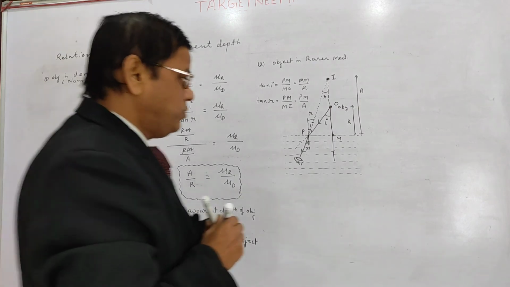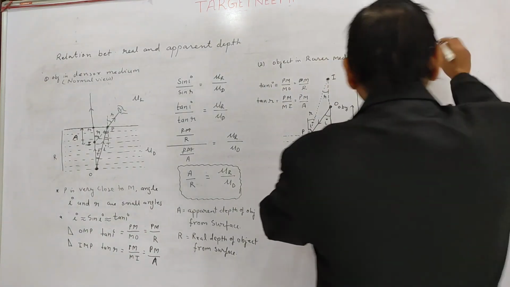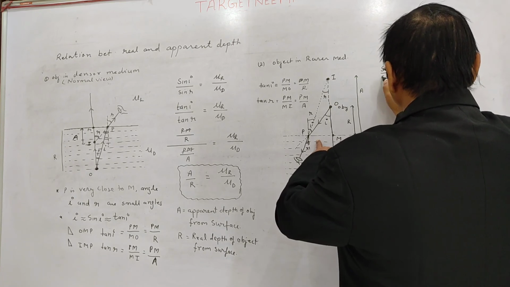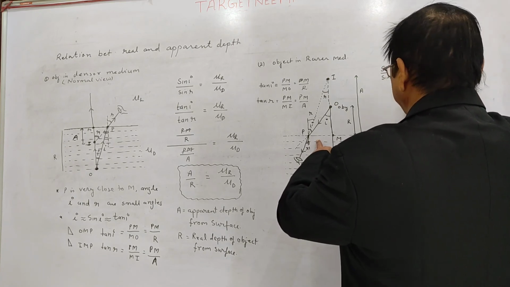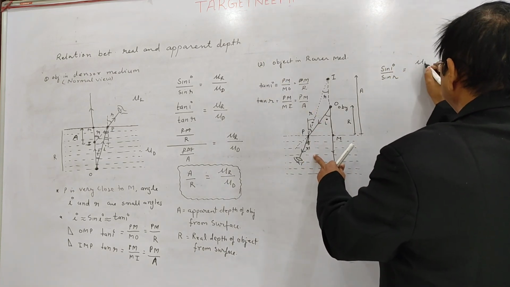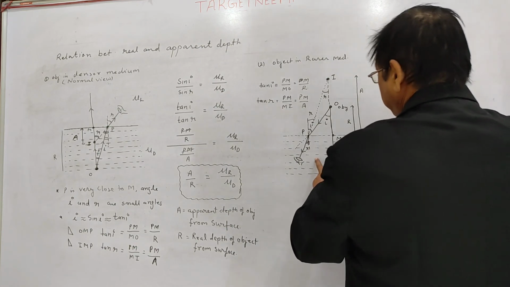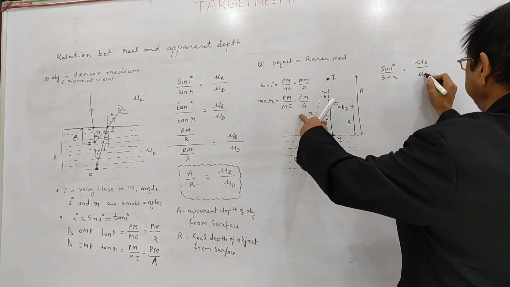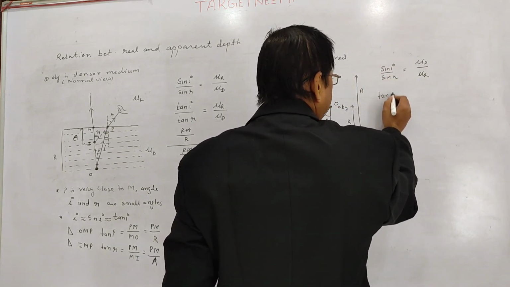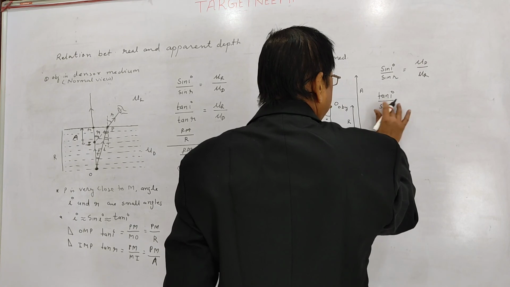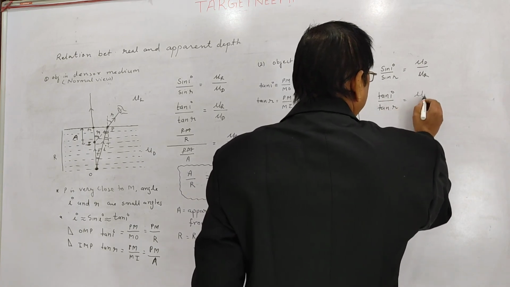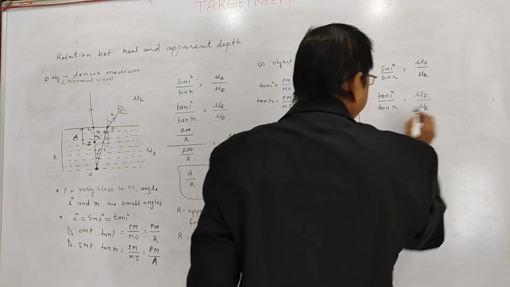Now again, if you apply Snell's law here, sin i upon sin r is equal to refractive index of this medium, mu d, upon refractive index of this medium, mu r. As angles are small, we can write tan i upon tan r is equal to mu d upon mu r.